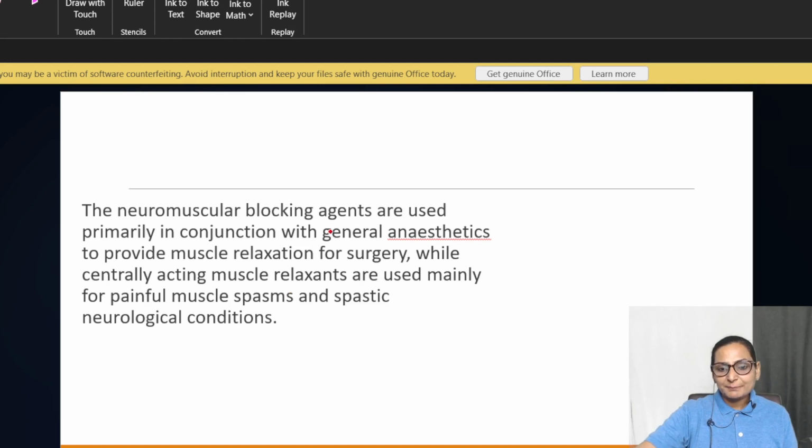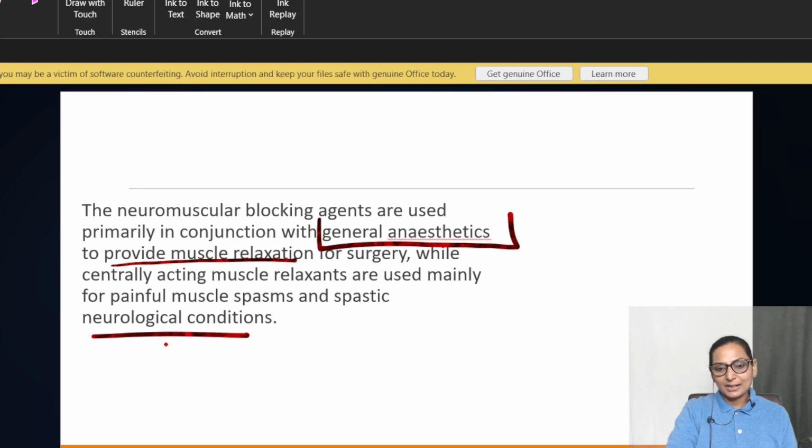These are especially used along with general anesthetics when you have to provide muscle relaxation during surgery, or when you have to treat painful muscle spasms and spastic neurological conditions.